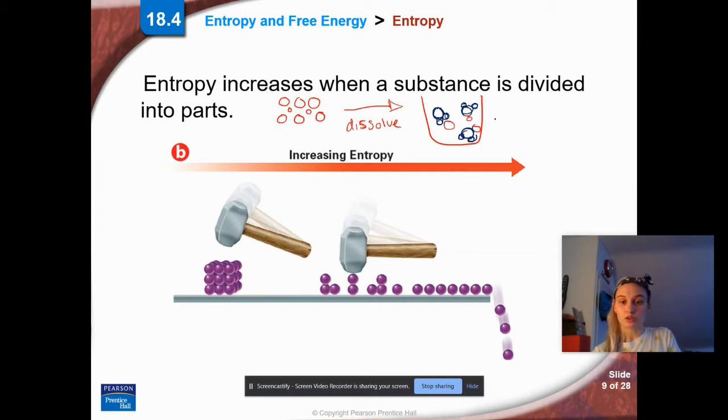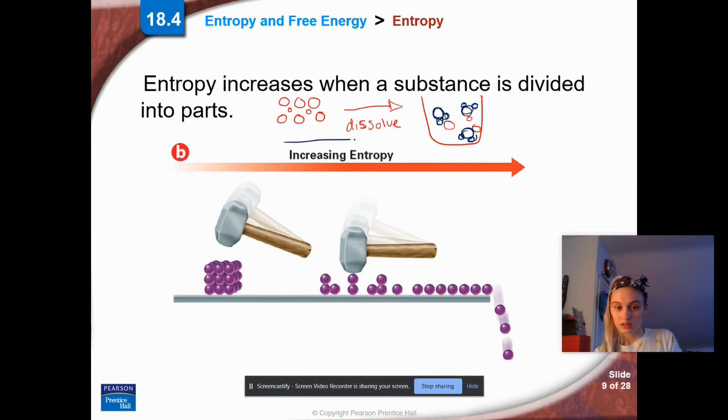And so it makes the crystal go into its ions, okay? And so we know its ions are what makes up the crystal. And so if we're just having individual ions in the water, obviously those particles are smaller than your crystal. And so thus the entropy is increasing.